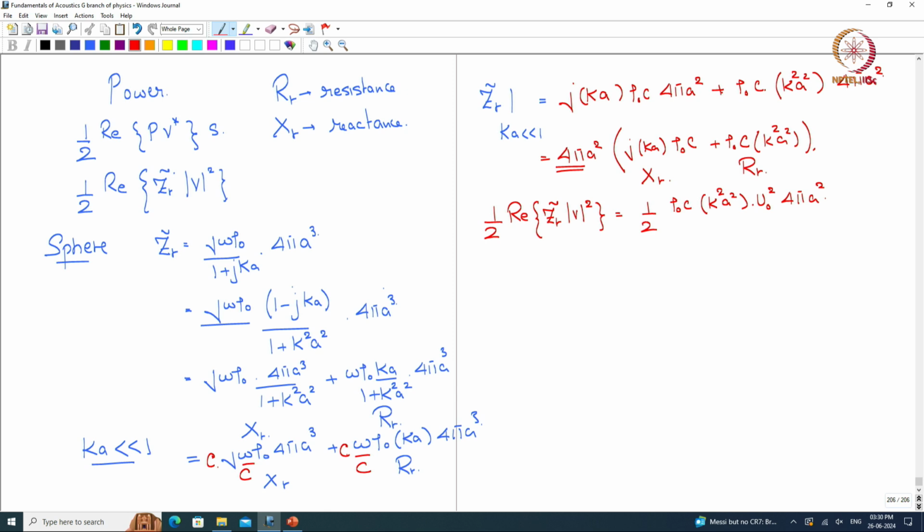Along the same lines, when z tilde r, Ka is much bigger than 1. So from here what do we get? We get equal to j omega rho 0 4 pi a cube by k square a square plus omega.